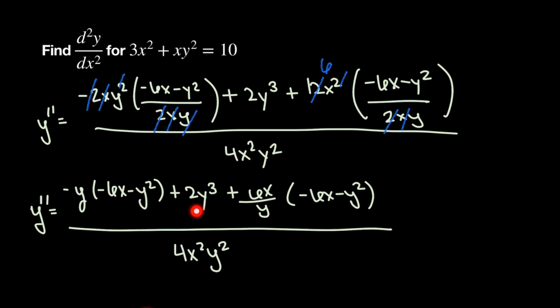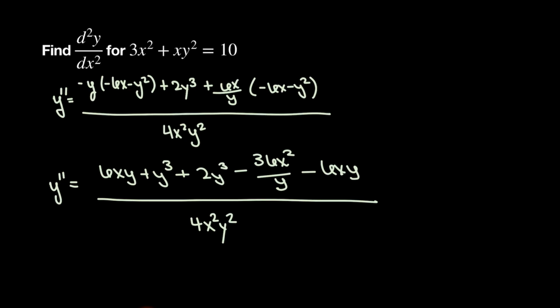And then I've got plus 2y cubed. And then this last term in the numerator, after our canceling, we've got a 6x, and then we still have this divide by y times negative 6x minus y squared. And this is all over 4x squared y squared.